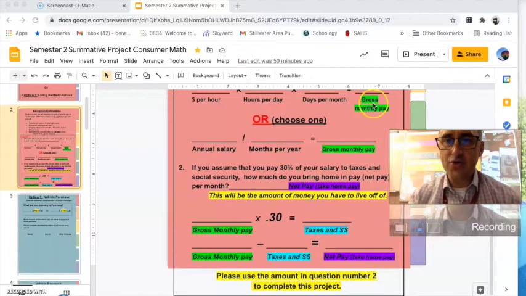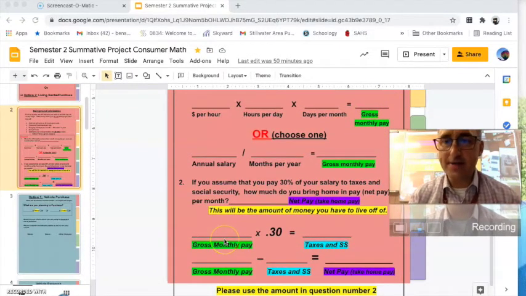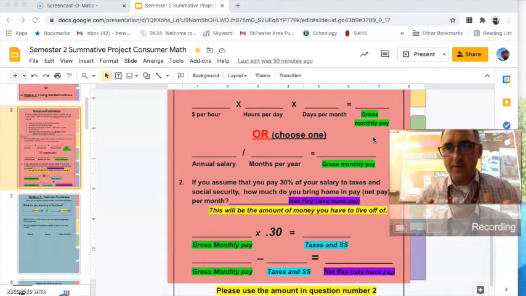Our next step is to choose one of these gross monthly pays and apply it down here to question number 2. These are similar but not exactly the same. They're within a couple hundred dollars of each other. Some people, when they think about spending money and budgeting, want to be conservative and make sure that they budget for things that may come up, so they tend to choose a lower number.